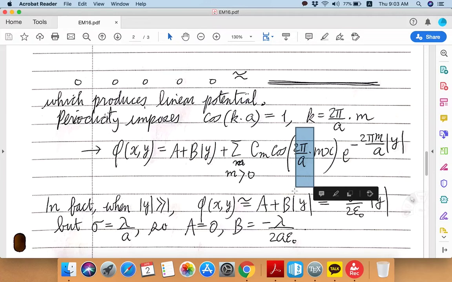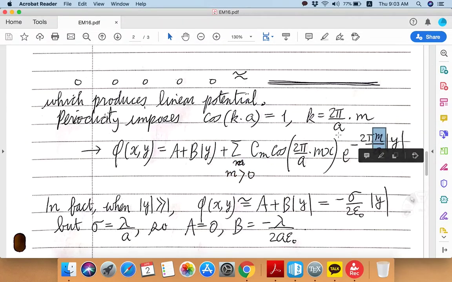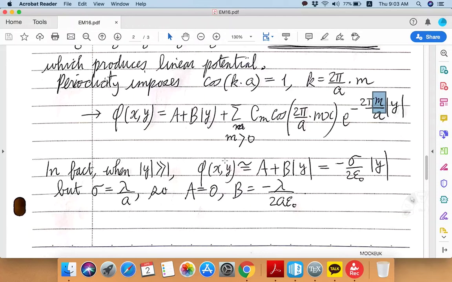Okay, and we can choose m to be positive, because negative m means this will be an exponentially growing function, which does not make sense physically, so that is automatically ruled out. And now, secondly, there's this thing here.